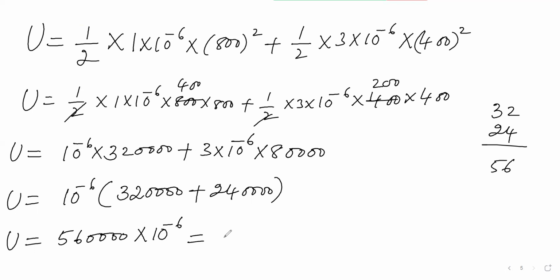Further we can simplify this by shifting the decimal point six places, and we are left with 0.56. The SI unit of energy is joule.